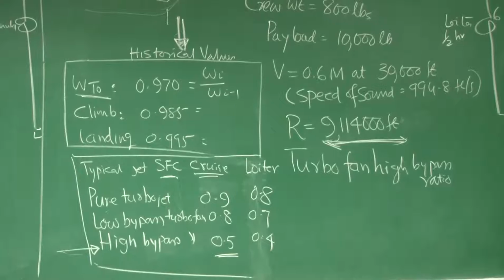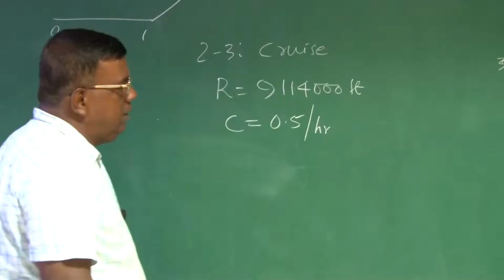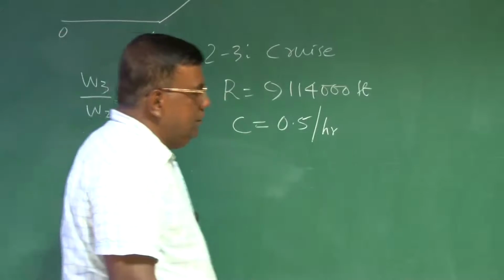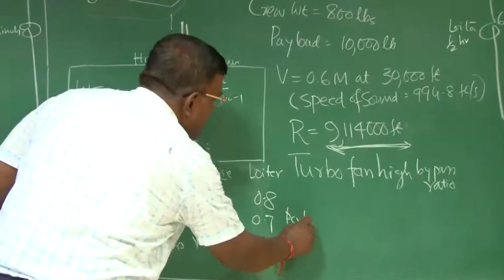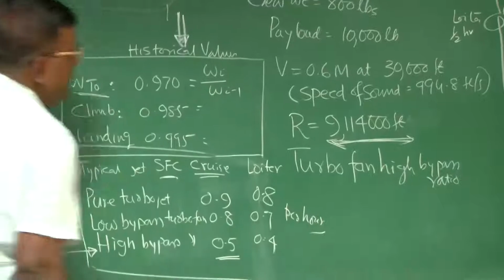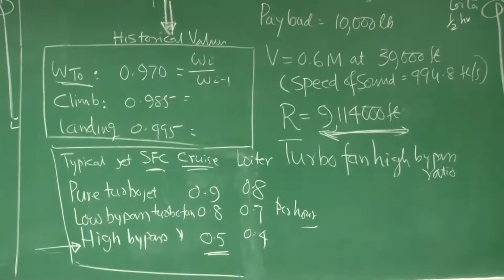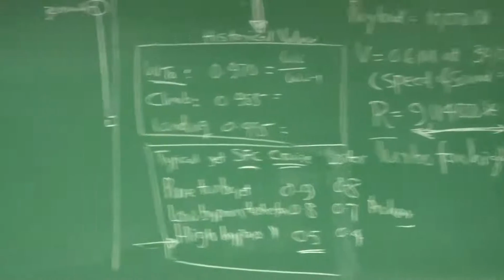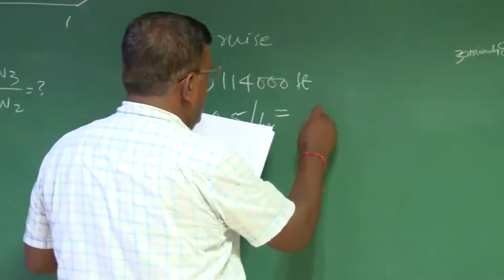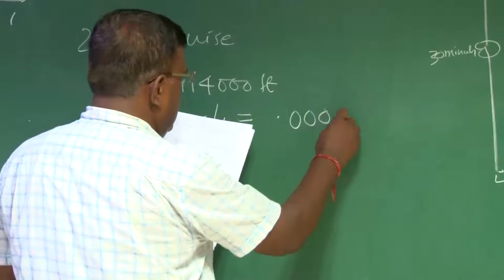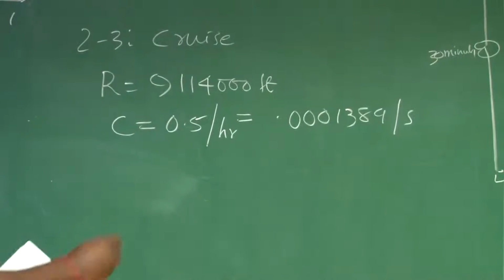So I take 0.5, and if you see in the table, it is given per hour. So we need to be very careful when you use such tables. See the unit, but you have to convert it into per second because we are working in the FPS system. So if I do that, this becomes 0.0001389 per second.